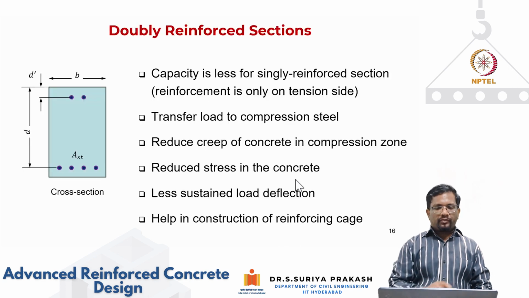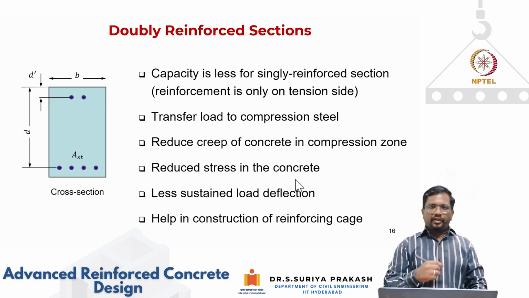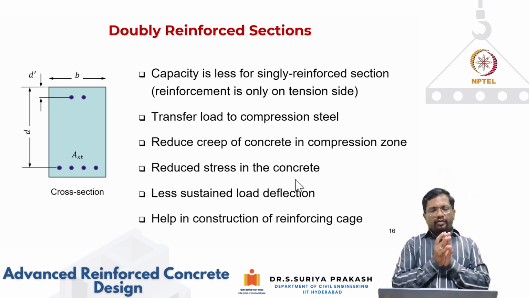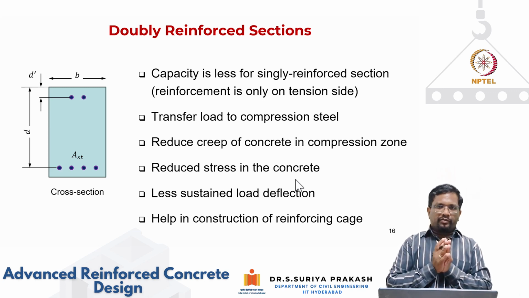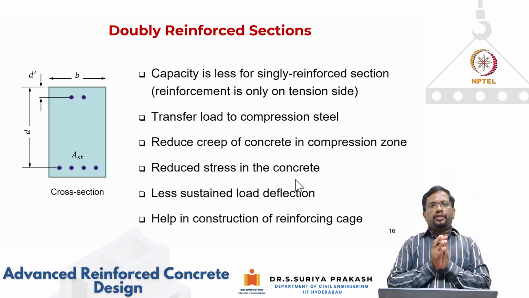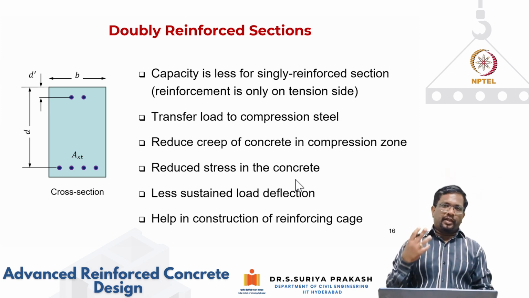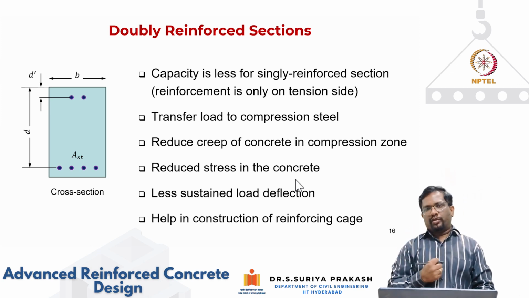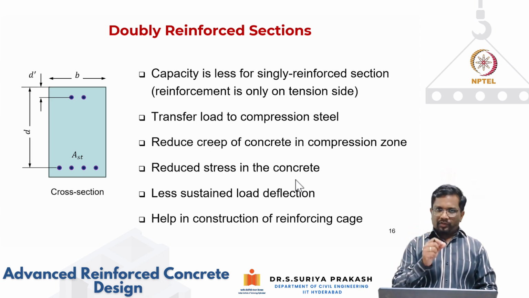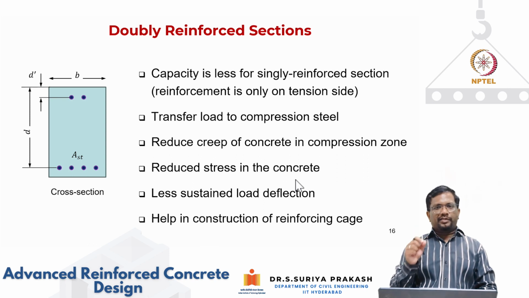Right. So we have seen the previous cases, right? For particular sectional dimensions, once grade of concrete and grade of steel is fixed, it has a limiting moment of resistance. How does this limiting moment of resistance come? To make sure that the steel is going to yield, reach its yielding strain. What is the yielding strain as per the IS code?